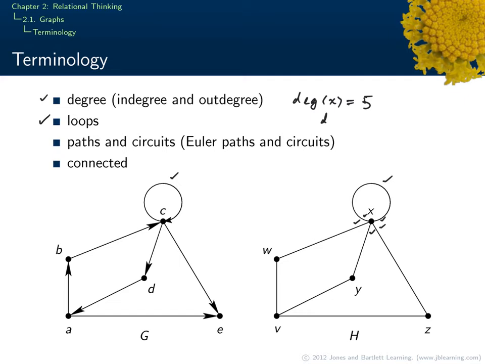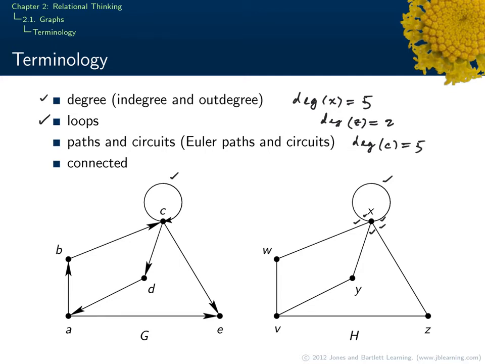On the other hand, the degree of Z is equal to 2. And if you look at the graph on the left, when you're measuring degree, you don't account for arrows. So the degree of C would again be 5, just as it is for X.